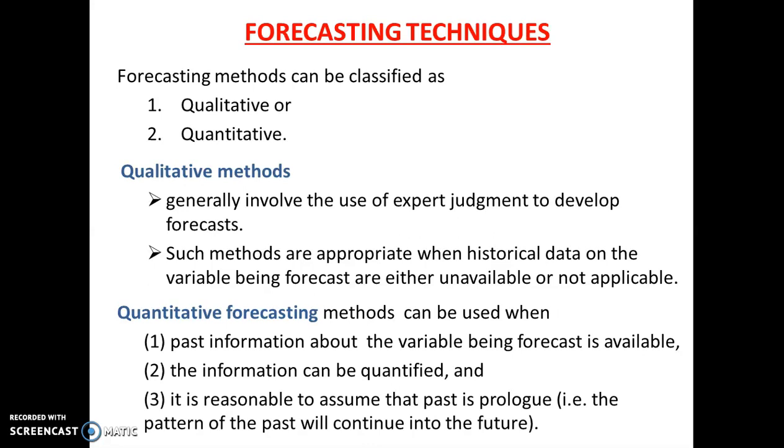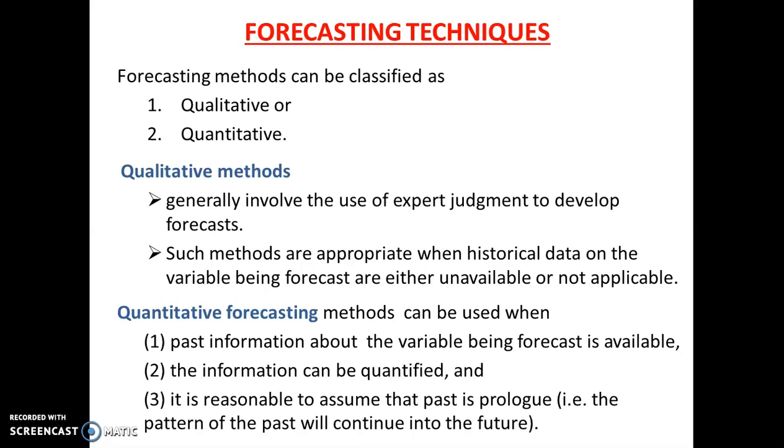If it is qualitative, it generally involves the use of expert judgment to develop a forecast. Such methods are appropriate when historical data on the variable being forecast are either unavailable or not applicable.